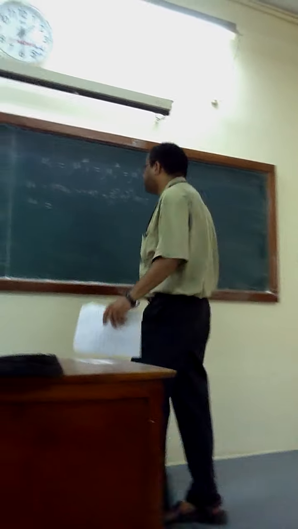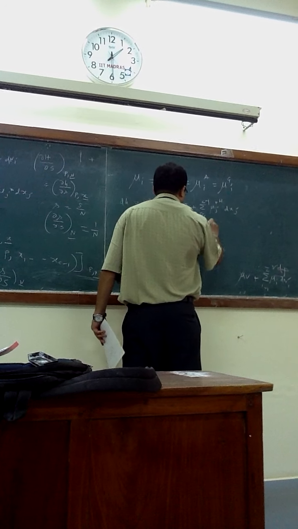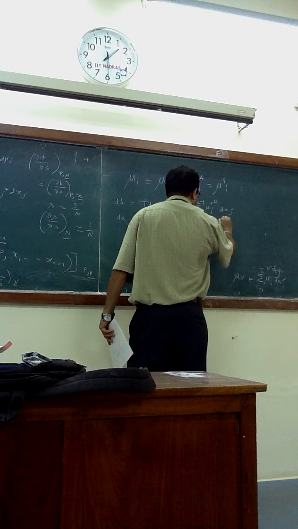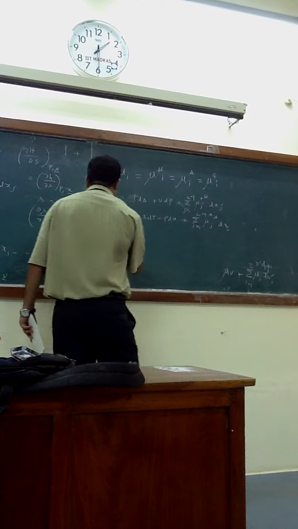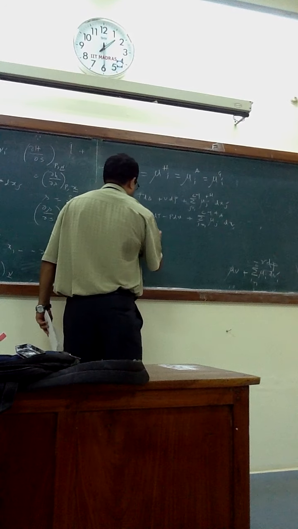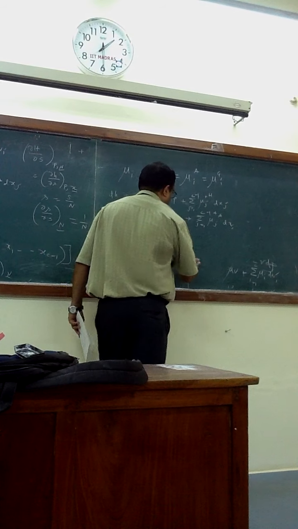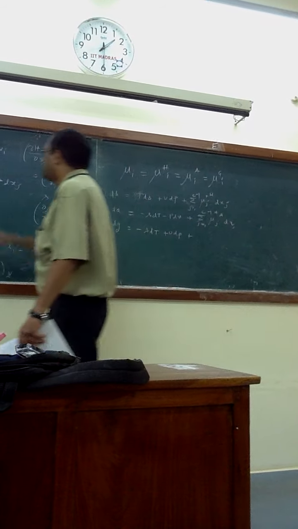Minus S dT minus P dV, summation j equals 1 to C minus 1 mu j a star dxj. dg equals to minus S dT plus V dP. Am I correct? I think this is small d.